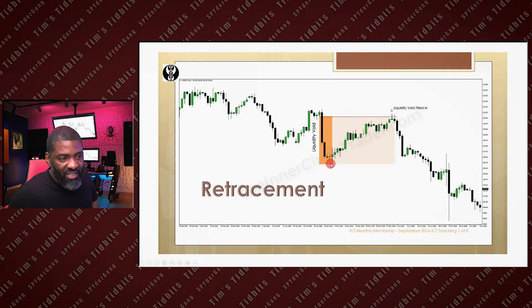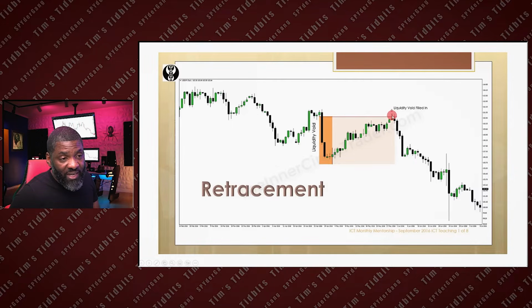You expanded to the downside. You didn't have any buy side delivery in this continuous down move right here. So price retraced back into that range, this new range created from the expansion. And there you go. Retracements are tied to imbalances. So it's retracing to rebalance this inefficiency here.